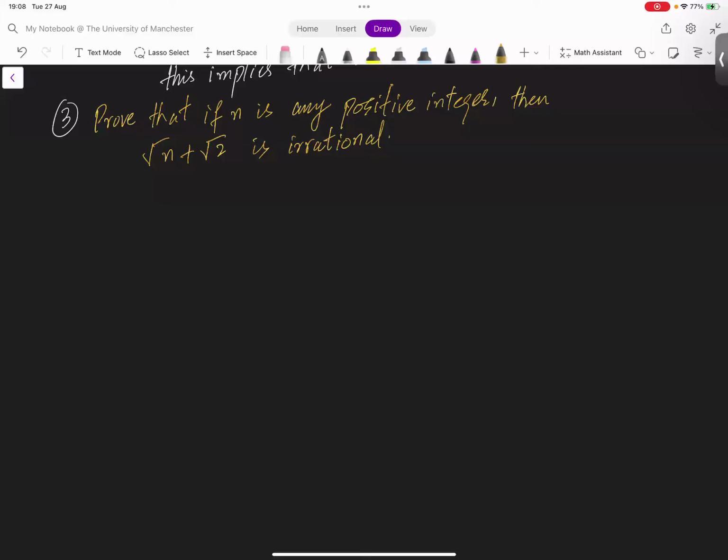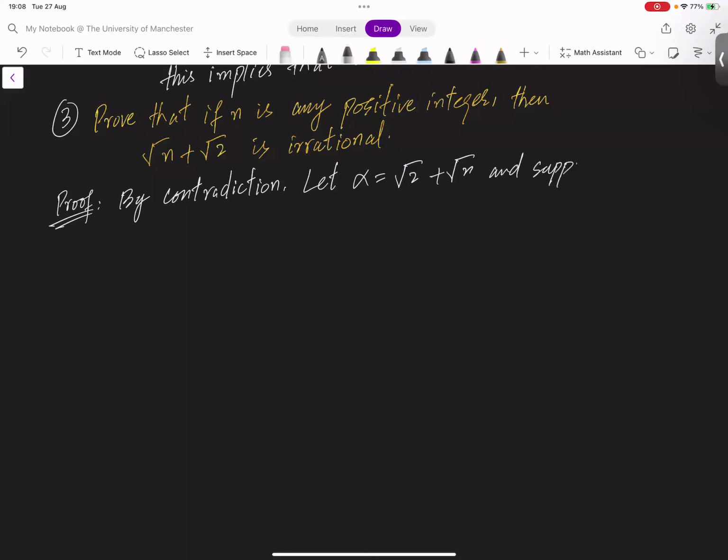Now, by contradiction, let alpha be under root 2 plus under root n, and suppose alpha is rational.